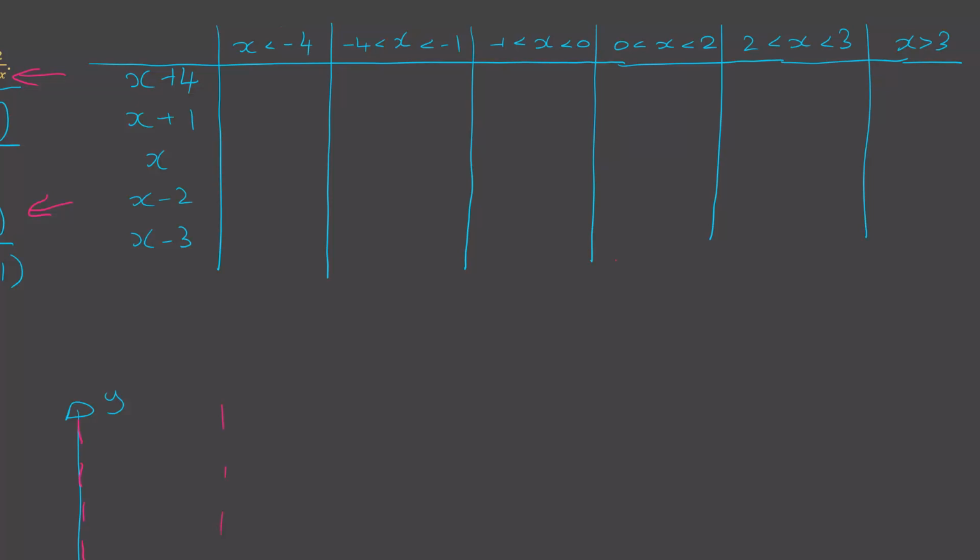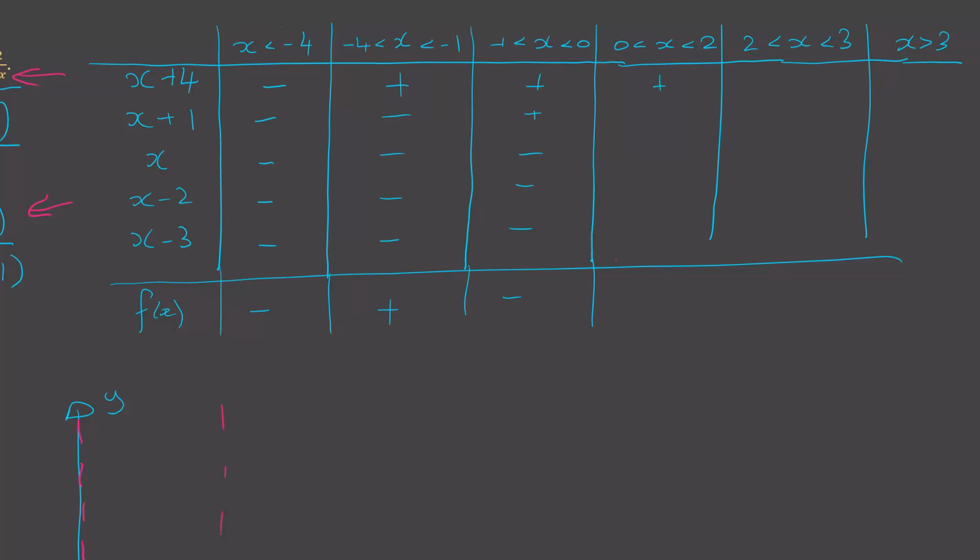So to the left of negative 4, all of these are negatives. 5 negatives means our function will be negative. When we go to the next region, this one becomes positive, and then we only have 4 negatives, so overall it's going to be positive. In the next region, the first 2 are positive, then 3 negatives, meaning our function is negative.